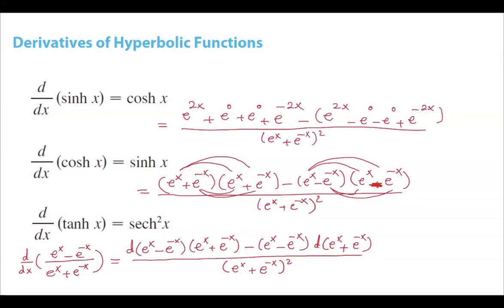If you distribute the negative sign into parentheses, e to 2x and negative e to 2x get canceled out. E to negative 2x and negative e to the power negative 2x get canceled out.